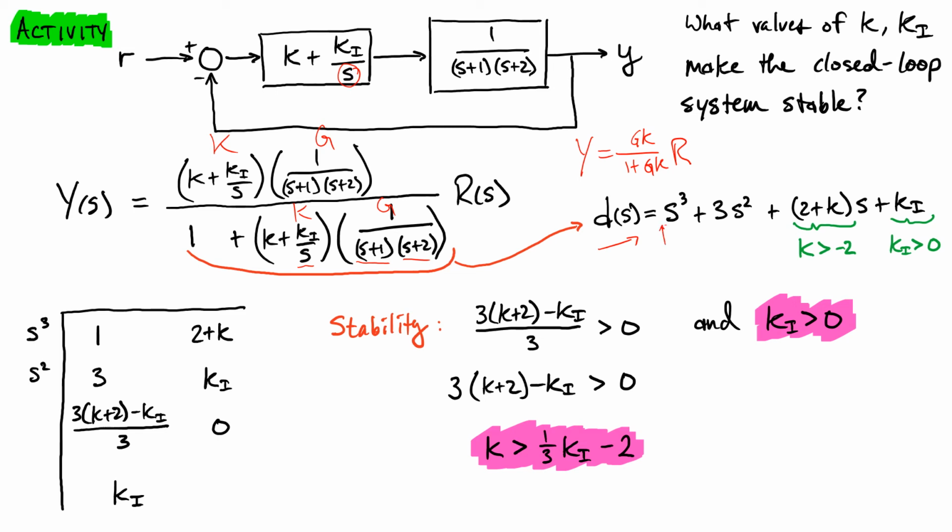So again, that's 1, that's positive. We need K plus 2 to be positive, so K has to be greater than minus 2. And then Ki appears as the constant term, and so Ki has to be greater than 0. So now we're going to plug that into, again, Routh stability. We're going to put down our terms, the cubic, the linear, the quadratic, and the constant.